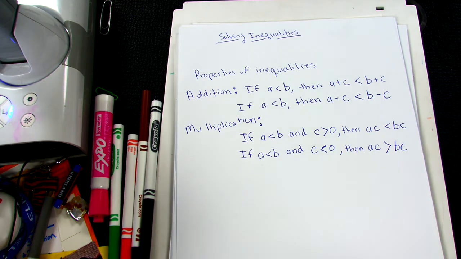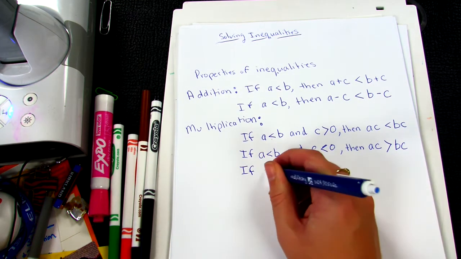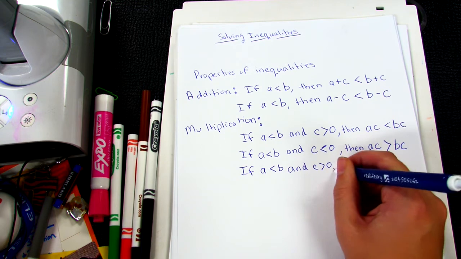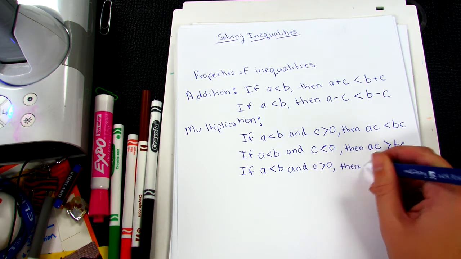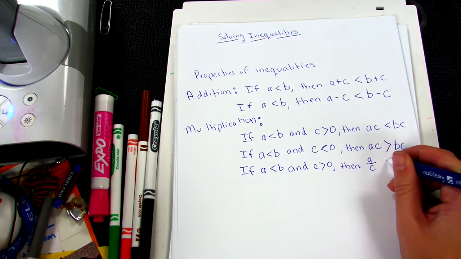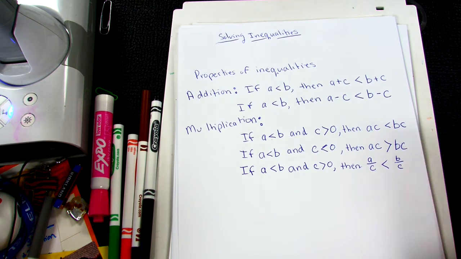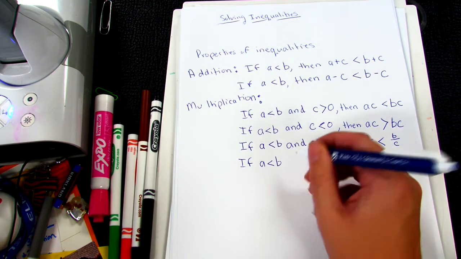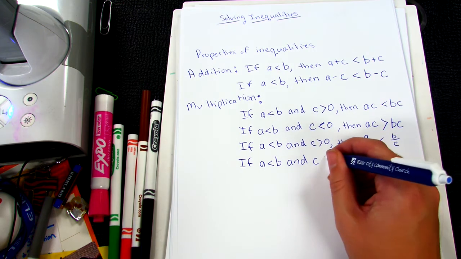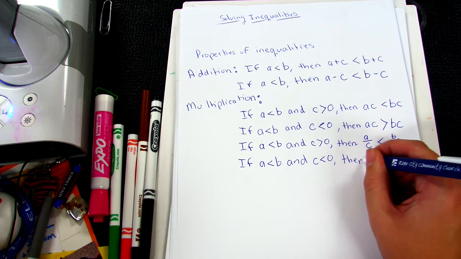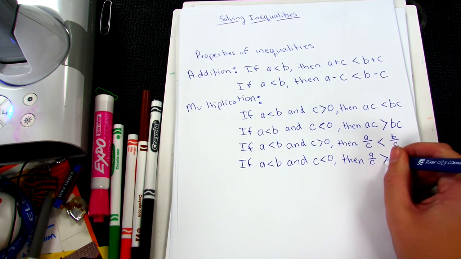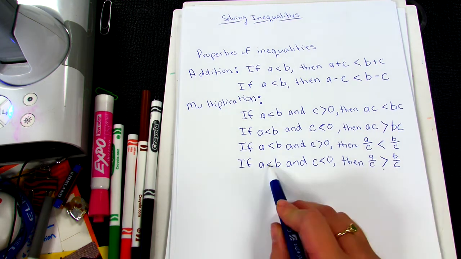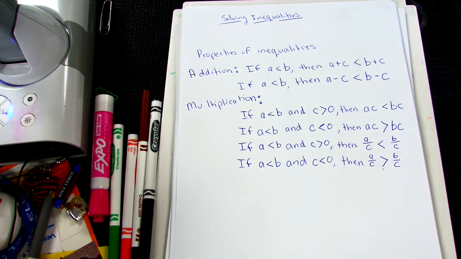Okay, so also under multiplication is division. So if A is less than B and C is a positive number, then A divided by C is less than B divided by C. If A is less than B and C is a negative number, then A over C becomes greater than B over C. So again, the sign changes when you have a negative number that you're dividing by.